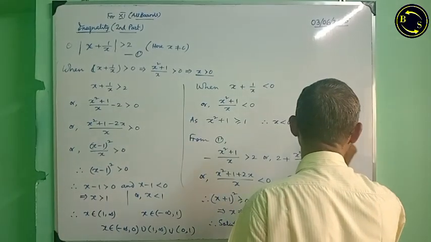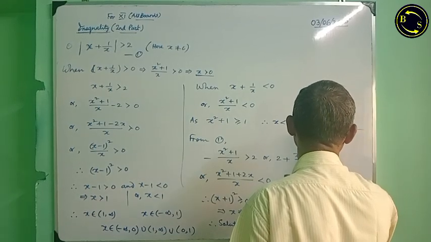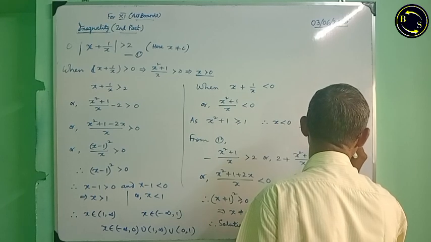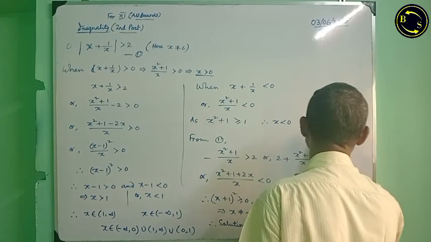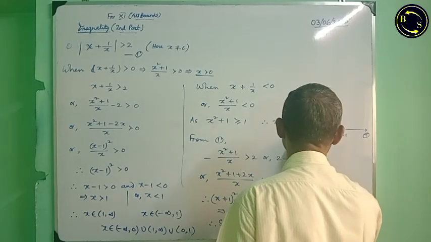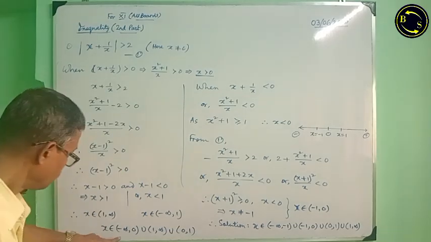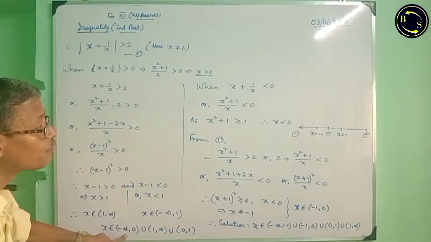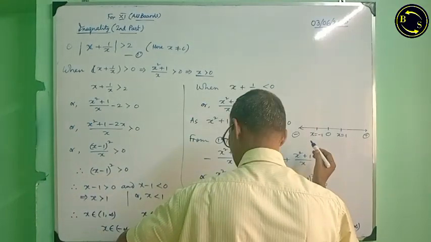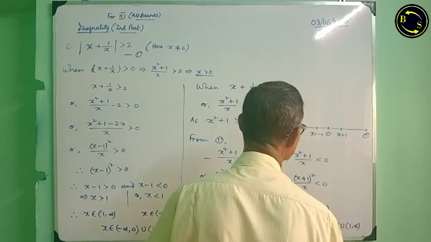Actually, if we express that, minus infinity to 0, there is minus 1 to 0 also.